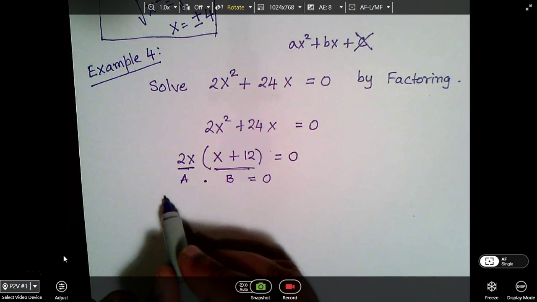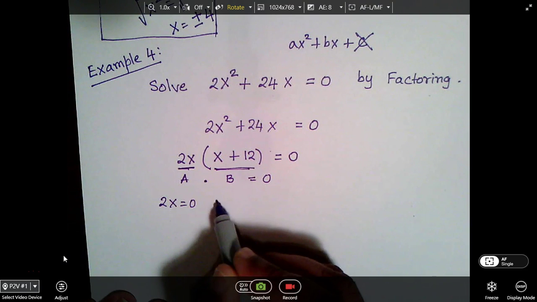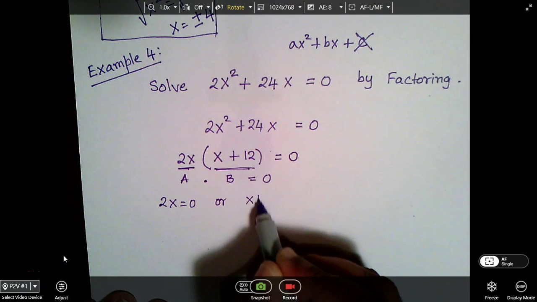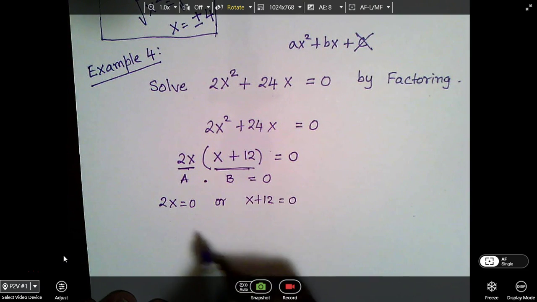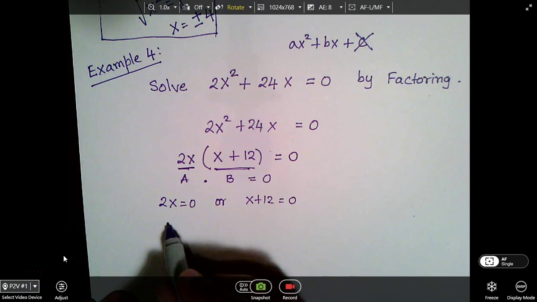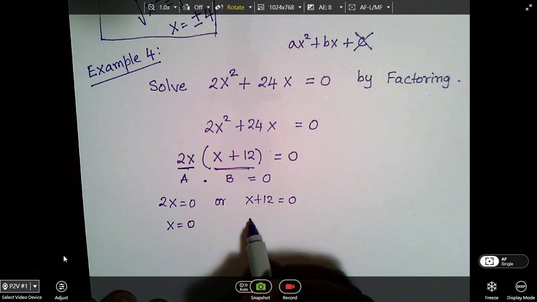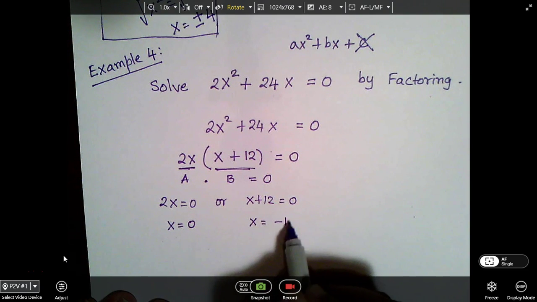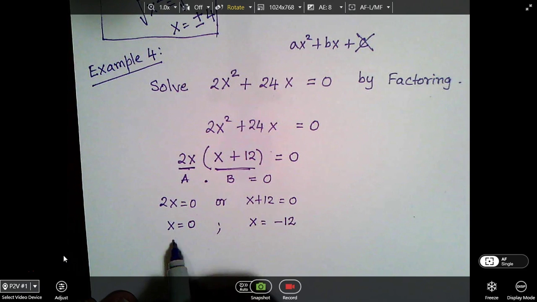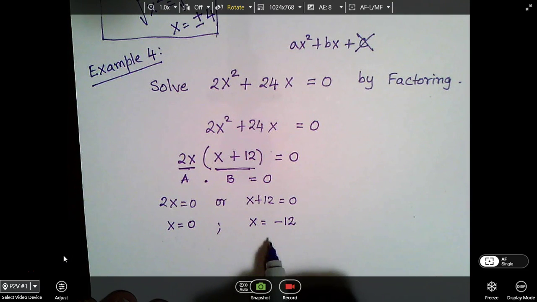So that means 2x is 0 or x plus 12 is equal to 0. If 2x is 0, then x has to be 0. If x plus 12 is 0, x has to be negative 12. So the two values are x equal to 0 and x equal to negative 12.